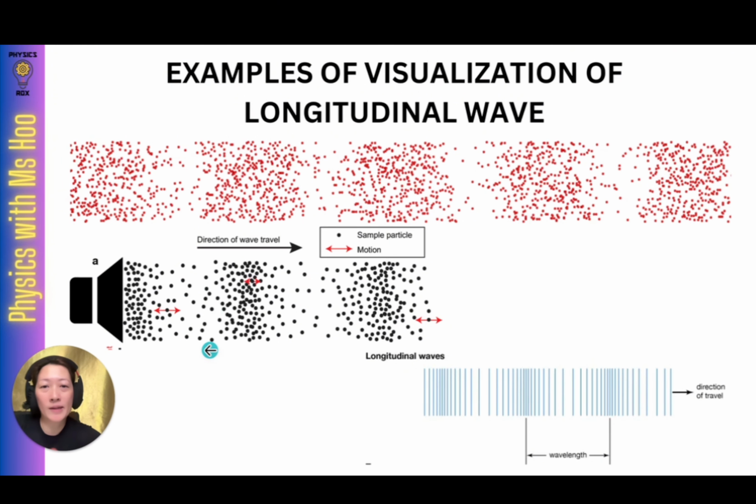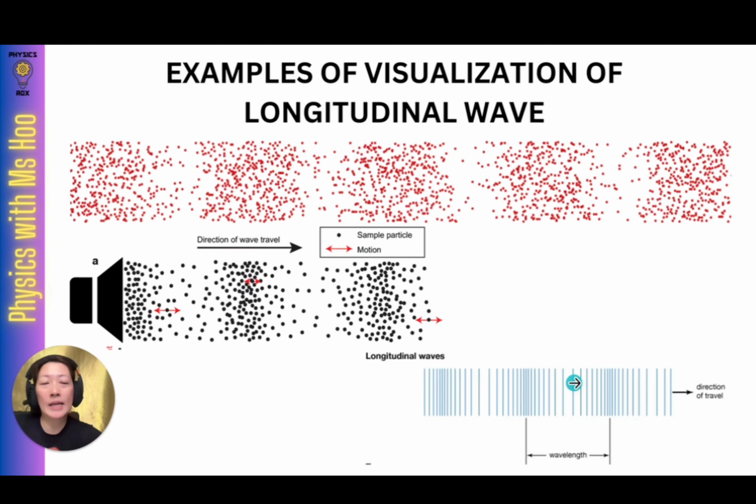So how they can represent longitudinal wave, you can see that the dots are undergoing a series of compression and rarefaction. So you've got compression, rarefaction. So when you see this, you should be able to recognize, oh, these are actually air particles, and the air particles are going through a series of compression and rarefaction, which means that this is a longitudinal wave.